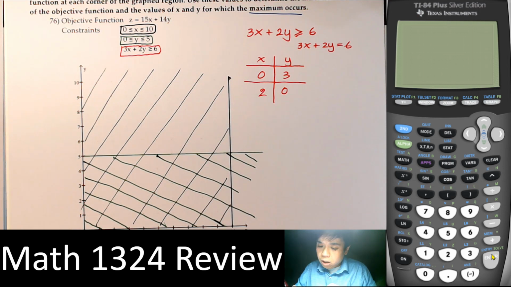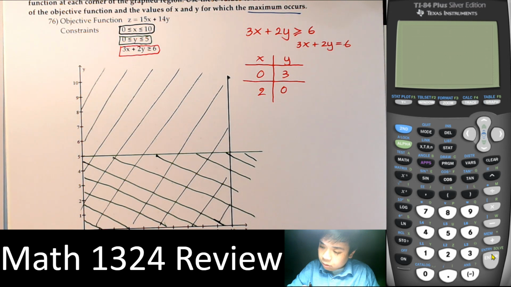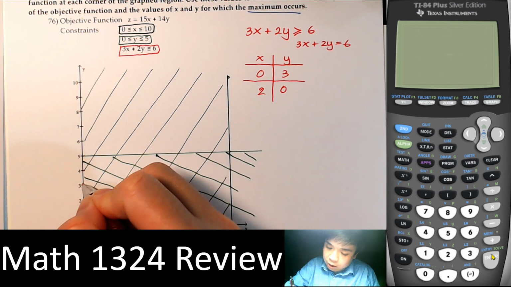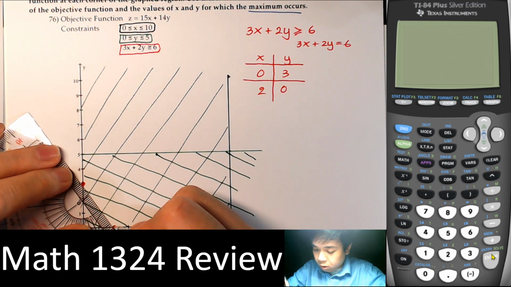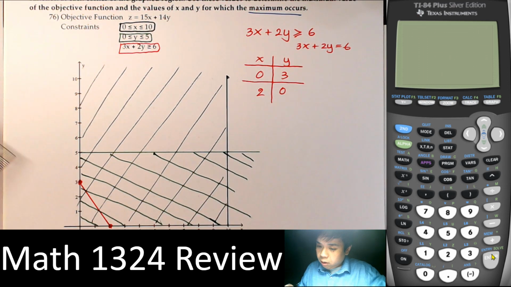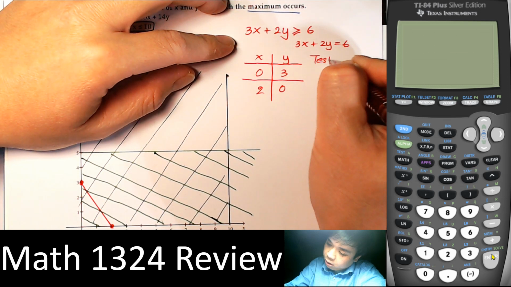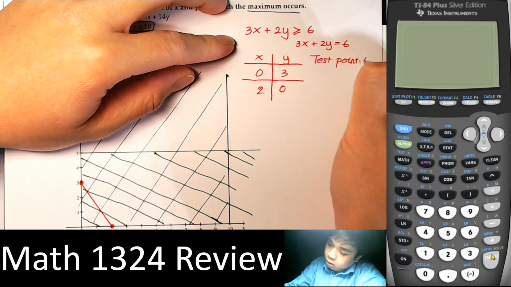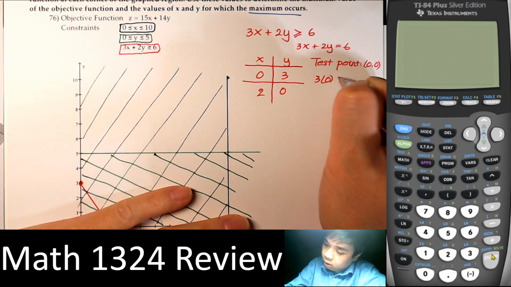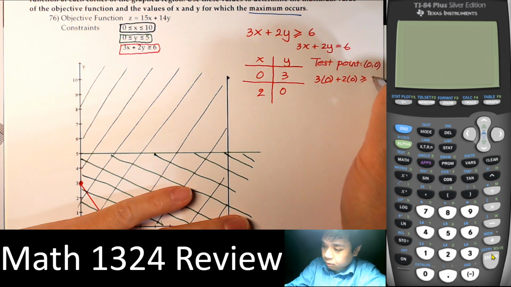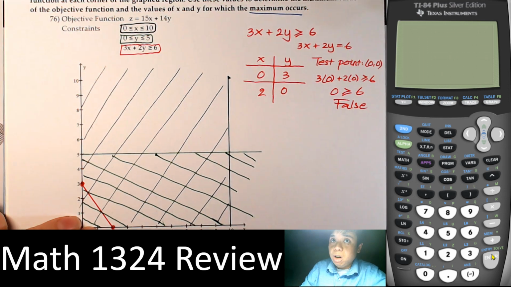So 0 and 3, 2 and 0, and it has the equal sign. And this has to be, I say, test point. If you put 0 and 0 in it, that is false. So the point 0, 0 does not belong to the solution.